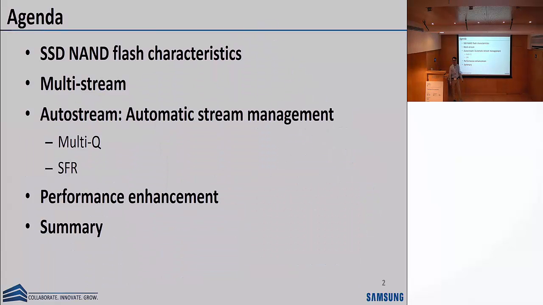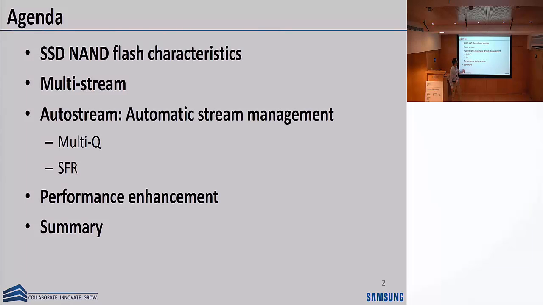Here's the agenda that I will discuss today. First, I will discuss SSD NAND flash characteristics and some concerns that the industry has. After that, I will discuss multistream, which addresses those concerns. But as you know, multistream brings a lot of benefit, but it has some caveat.